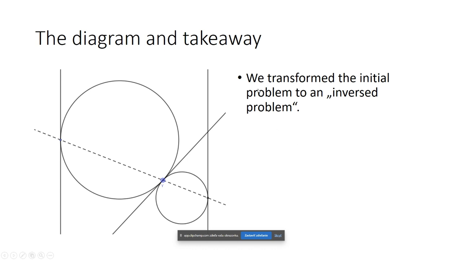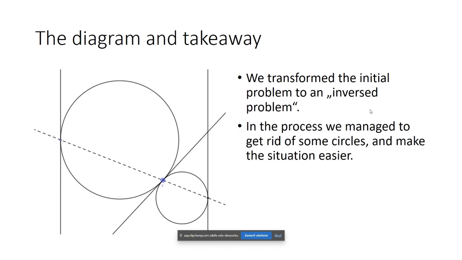Okay, so now to recap, we had an initial problem which was a bit hard, so we used inversion to simplify it and to transform also the problem statement. Okay, so this was useful because we managed to get rid of some circles, and it's easier to work with lines than it is with circles.